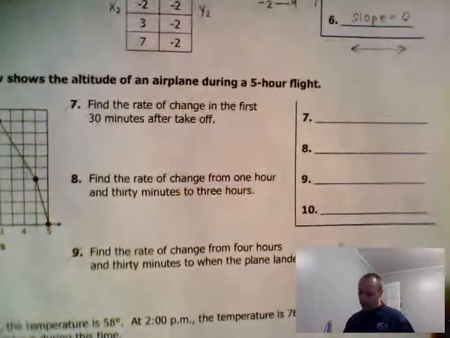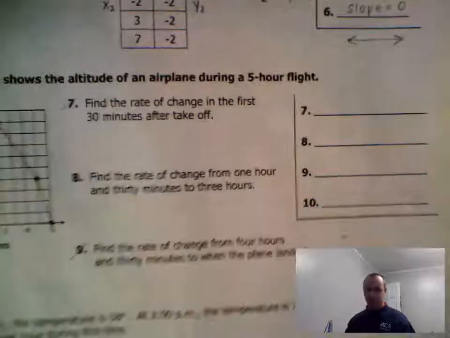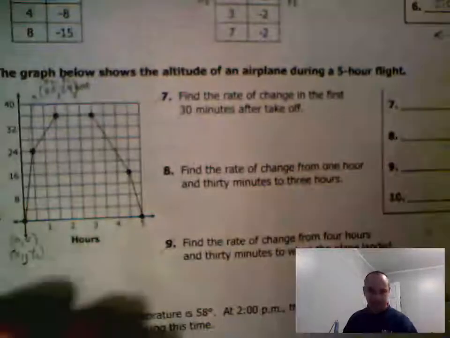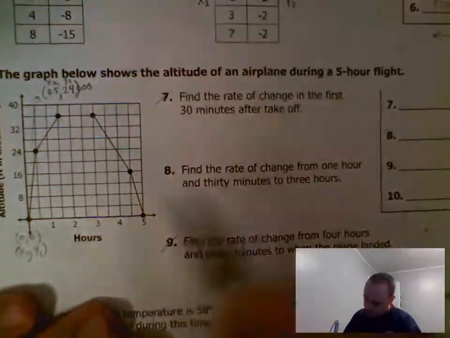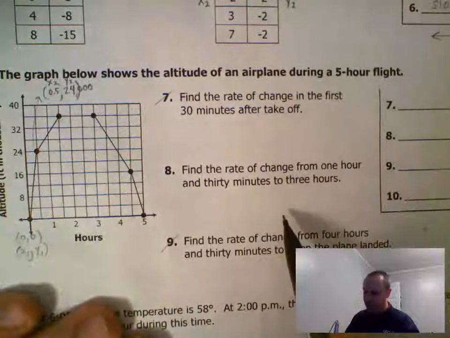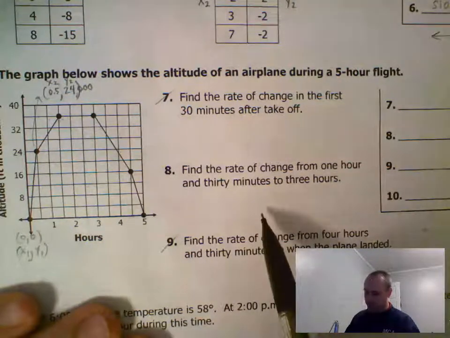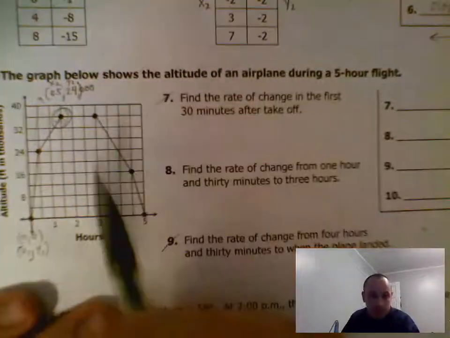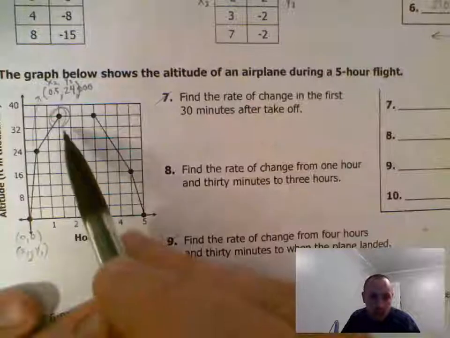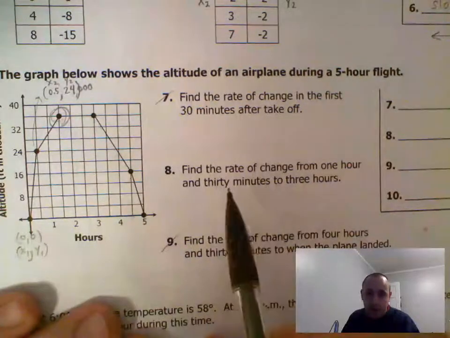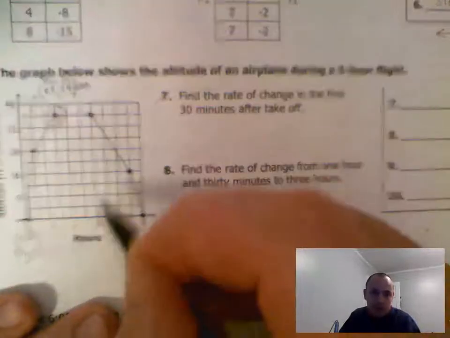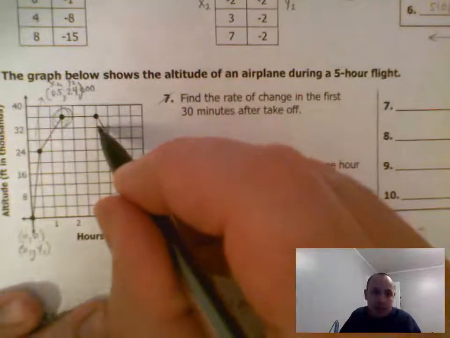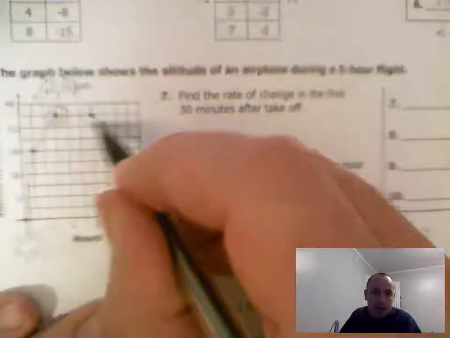All right, let's look at number 8. Find the rate of change from 1 hour and 30 minutes to 3 hours. Okay, so 1 hour, 30 minutes, we talked about this a little bit yesterday, or on this lesson. 1 hour, 30 minutes, 1.5 hours is right there. 3 hours is right here. Okay.